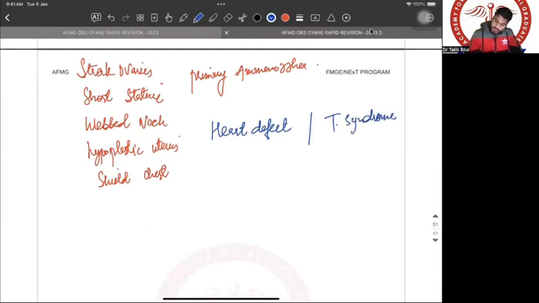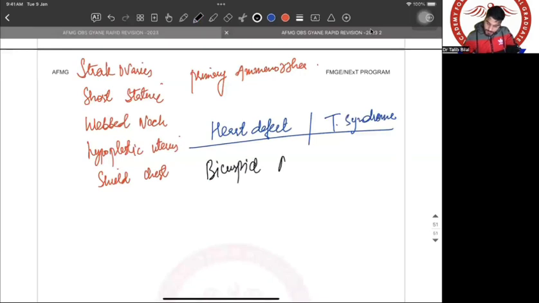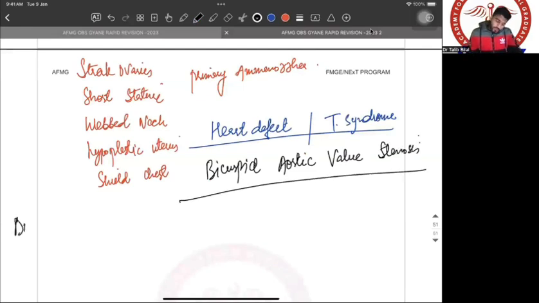Remember this question, guys. The heart defect associated is bicuspid aortic valve stenosis.